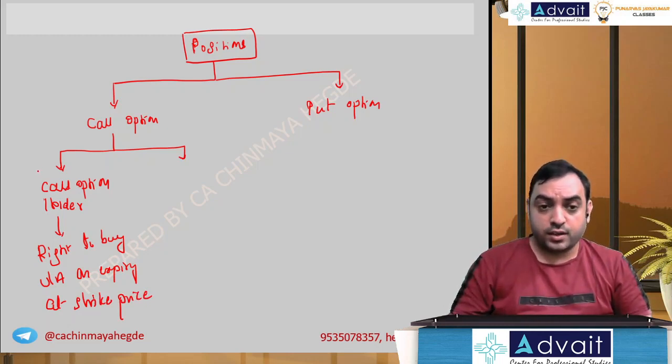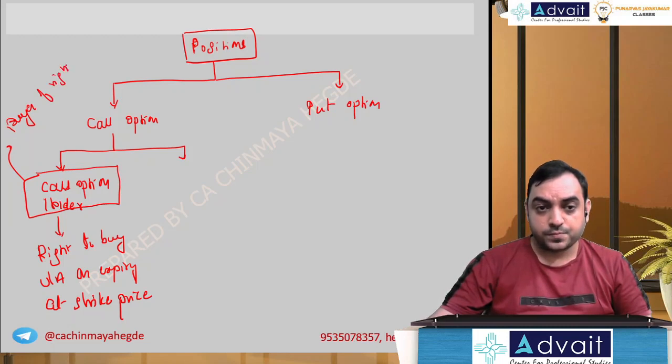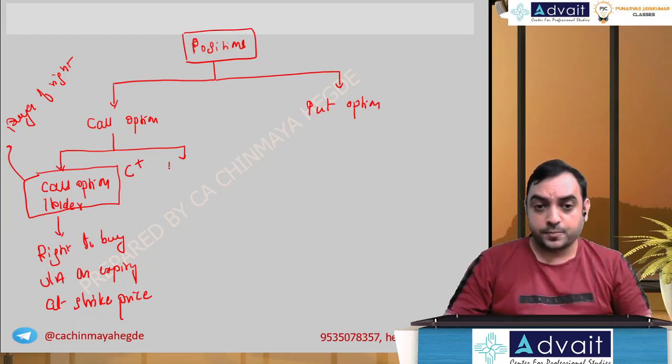Call option holder is the buyer of the right. Now we call him C plus, short form. You becoming call option holder.